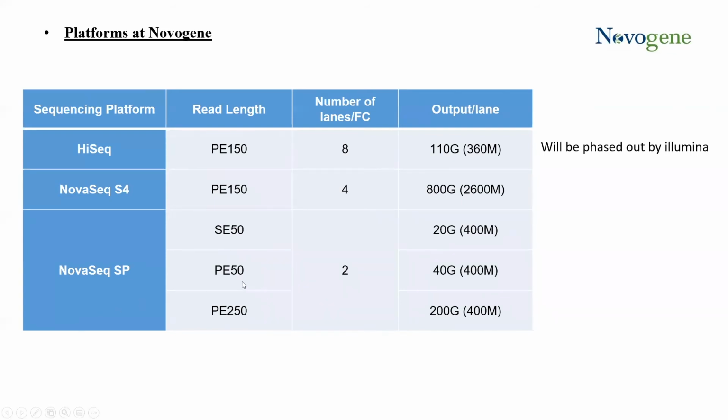If your insert has a lot of homology within the first couple base pairs, you may want to extend to 150, even though your inserts might not be that long. 250 paired end approach does have its advantages and its drawbacks. We'll get into that as we proceed. So these are the options that we do offer.